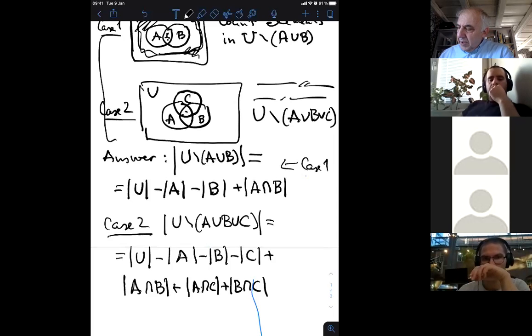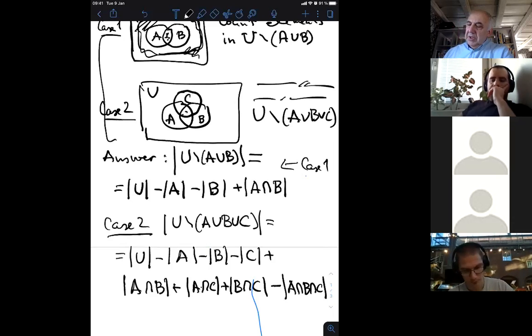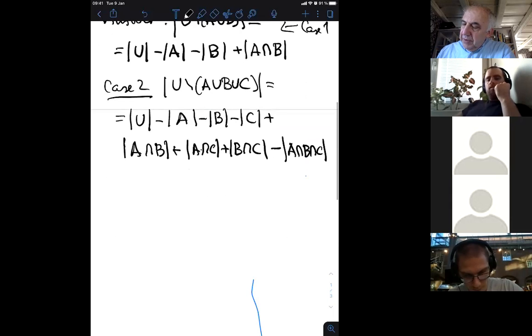So we have to subtract finally the number of elements in the triple intersection. And that's the situation we want to generalize. Instead of just 2 and 3 sets, we want a general formula.